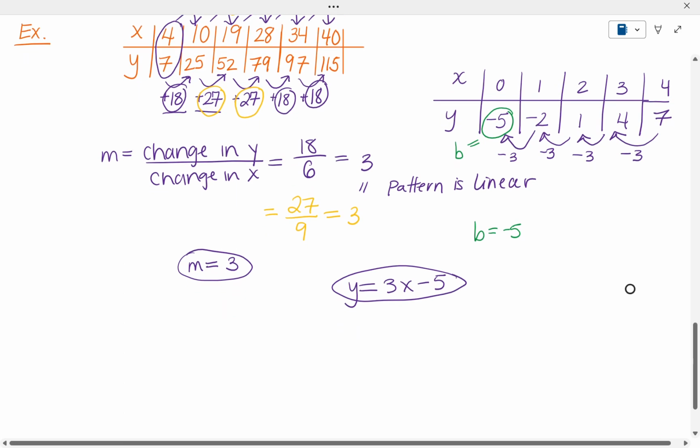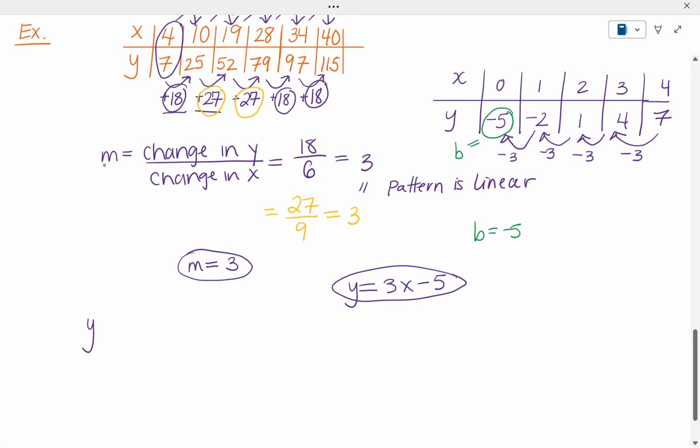So how we do that is we write y equals our slope, which is 3, and instead of writing just x, we write x minus the value that we're starting at with x. So in this case, we're starting with 4, so x minus 4, and then we write the corresponding y value for b. So we would do plus 7.